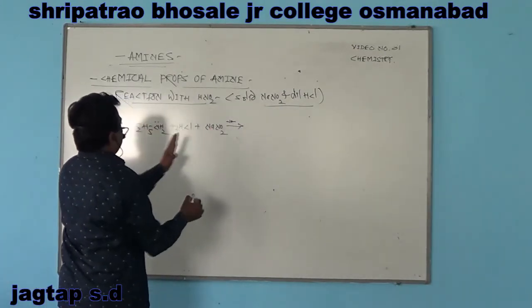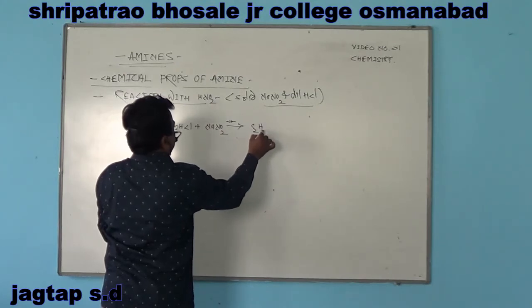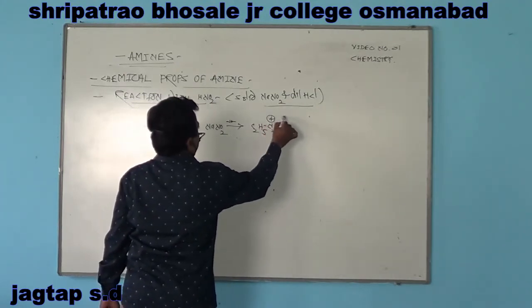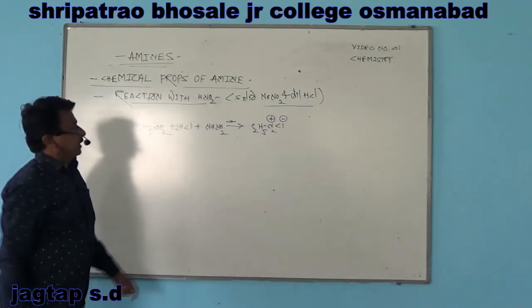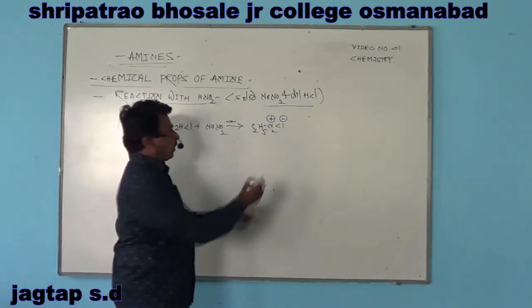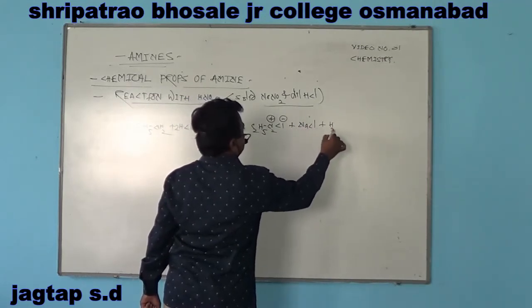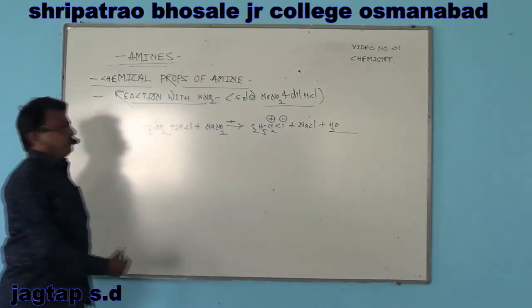First a salt is formed, that is C2H5N2+ Cl minus, ethyl diazonium chloride, along with sodium chloride and water molecules.